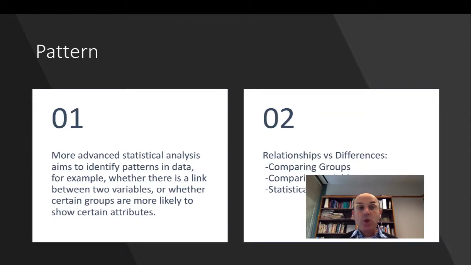But what do we do in order for us to do that? We can apply patterns, which is a more advanced statistical analysis aimed at identifying the patterns in the data. For example, whether there is a link between two variables or whether certain groups are more likely to show certain attributes. In addition, we can address the relationship versus the differences.